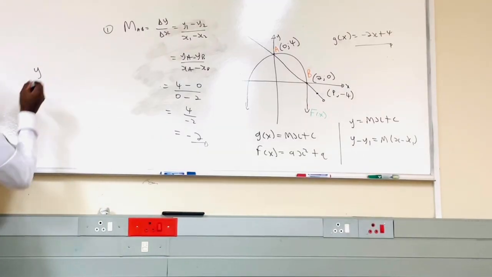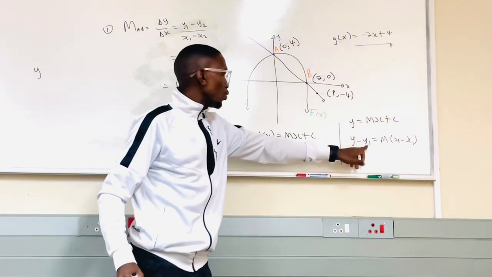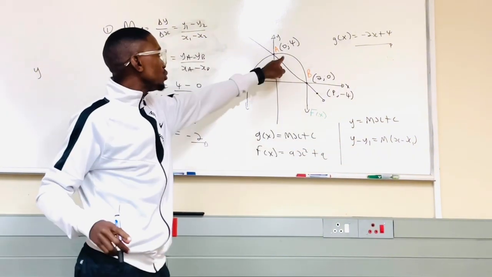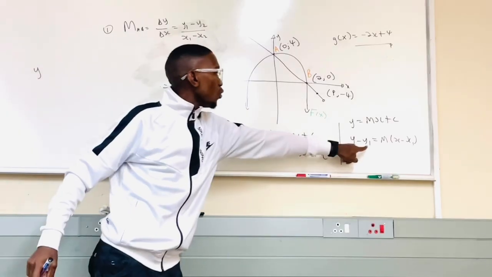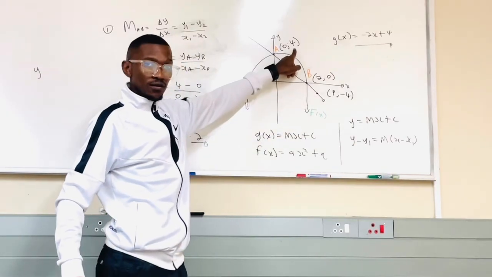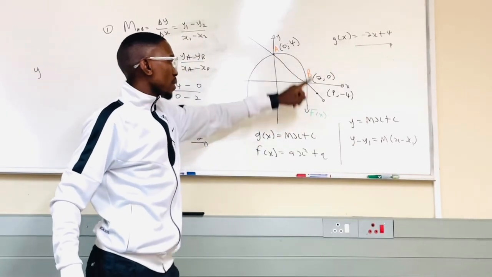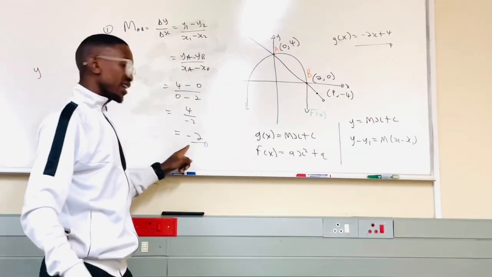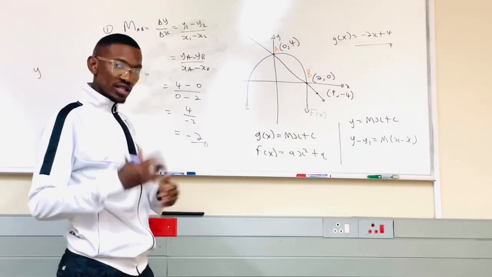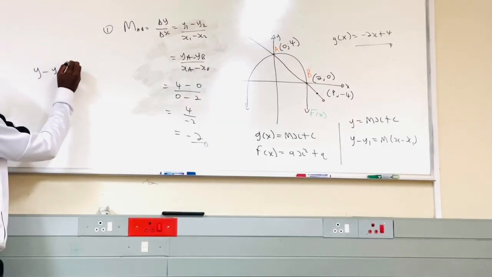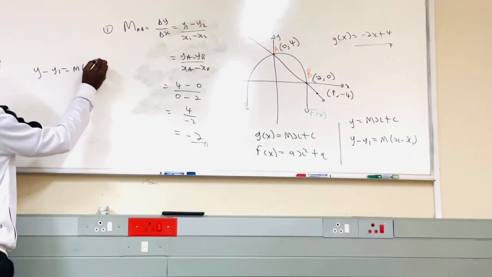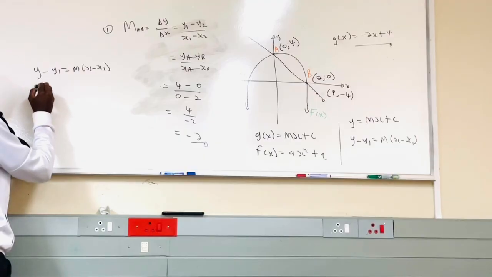So y, okay, where I see y1, remember I'm using point A, you're using point B, right? So where I see y1, I'm going to put the value of point A. Where I see m, I'm going to put my gradient minus 2. Let's do it. y minus y1 equals to m into x minus x1, step by step.